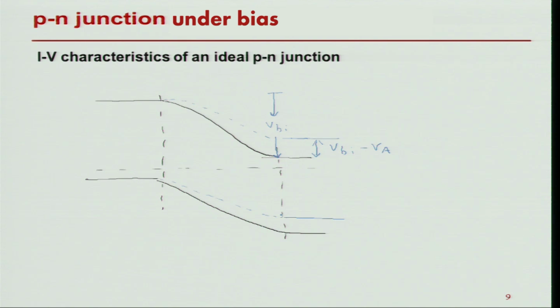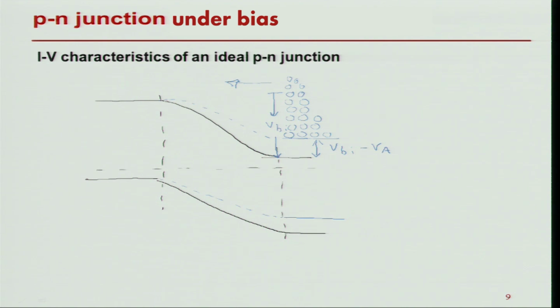What is happening to the various currents at this time? If you look at the electrons, now there will be a lot of electrons which will have enough energy in the conduction band of the n-type, which can cross the reduced barrier.